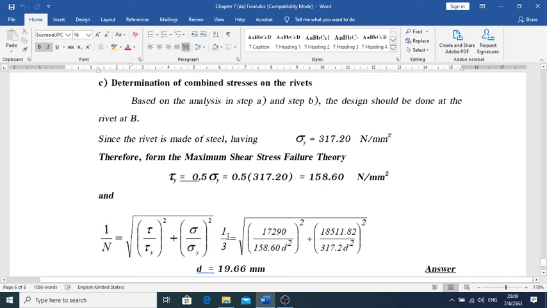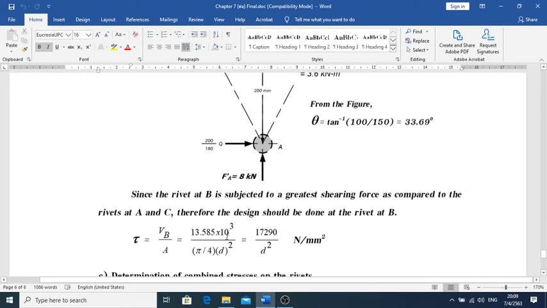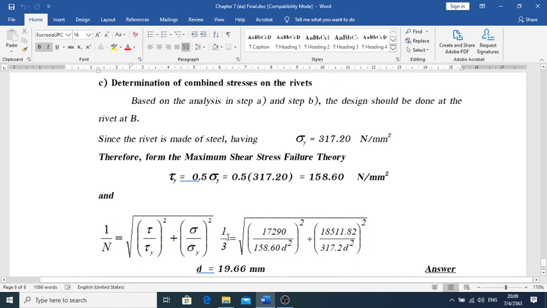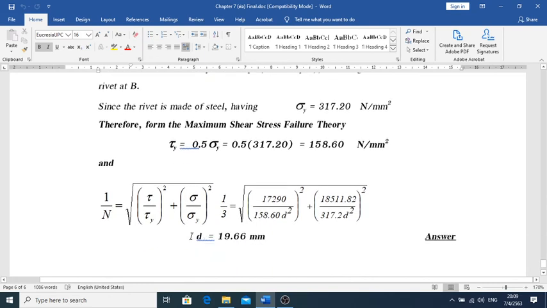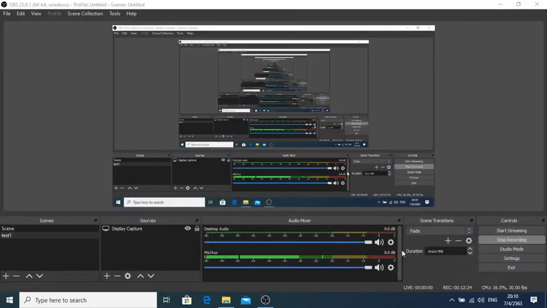We put everything there in the design, into the equation of the maximum shear stress failure theory. That's the answer, that's what we've got there, and that's just it.